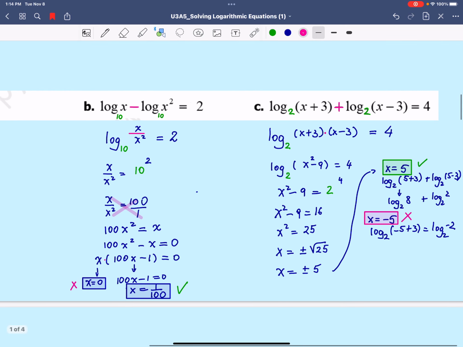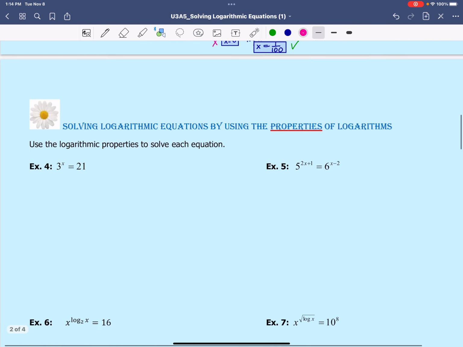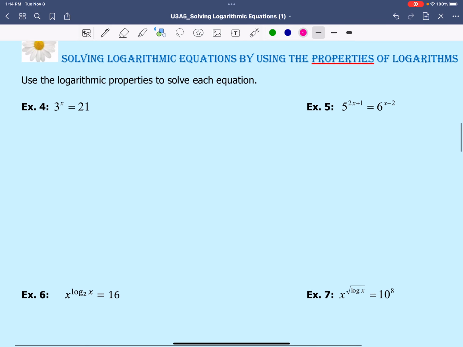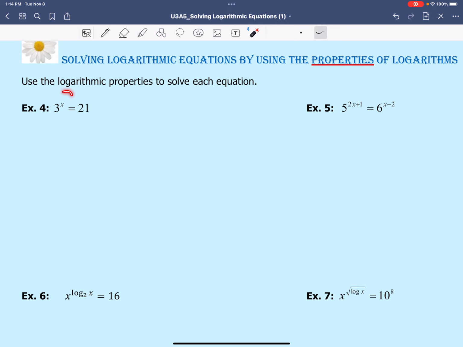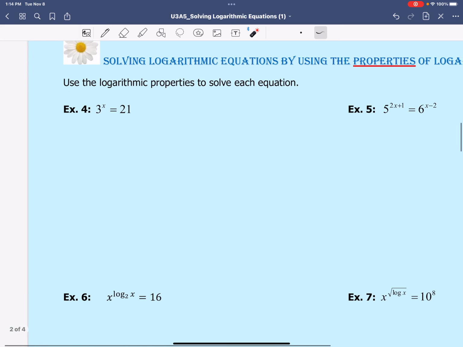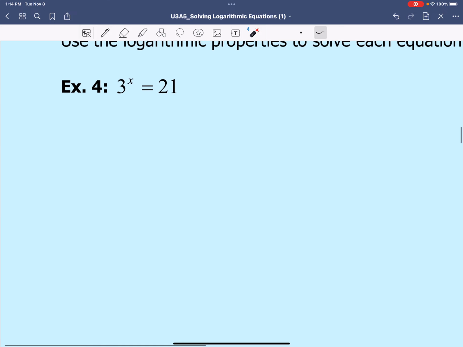Next, we're going to take a look at a new group of equations. Now, these equations are given in exponential form, but we need to use the properties of logarithms in order to solve them. So let's start with example number 4. So what we have in here is 3 to the power of x equals 21.